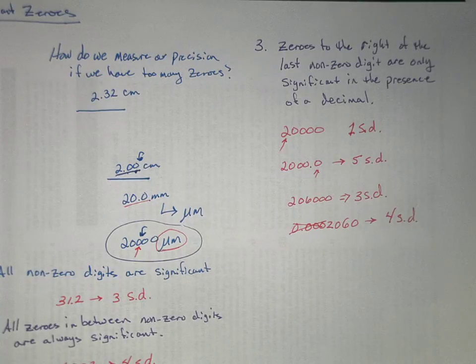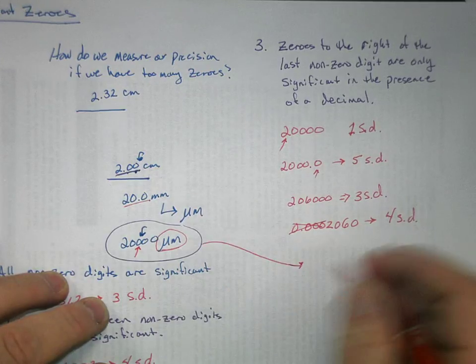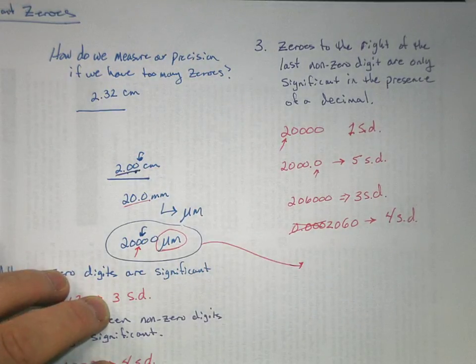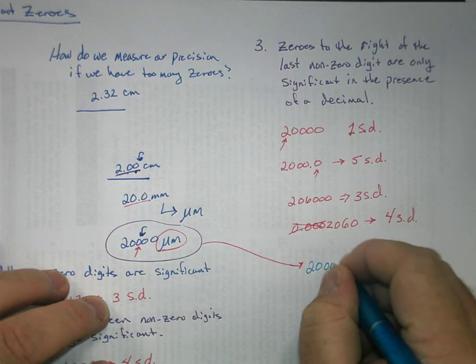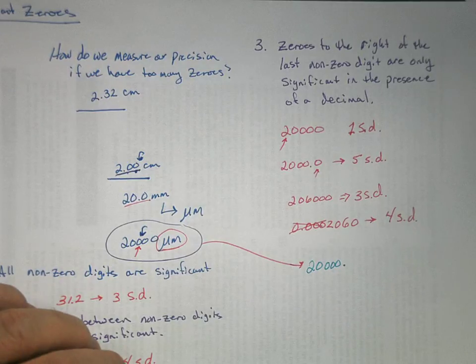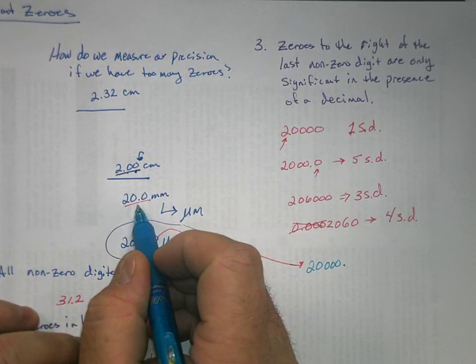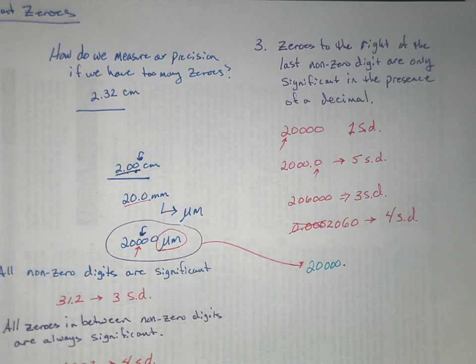At the end? Well, if I do this, and I put a decimal at the end, that means I get 20,000 decimal right there, right? Now how many significant digits do we have? How many did I have here? I wasn't that precise, was I? My measurement wasn't five digits precise.